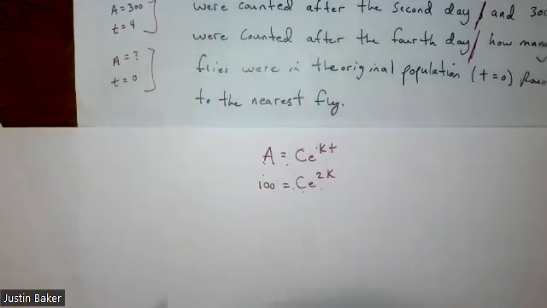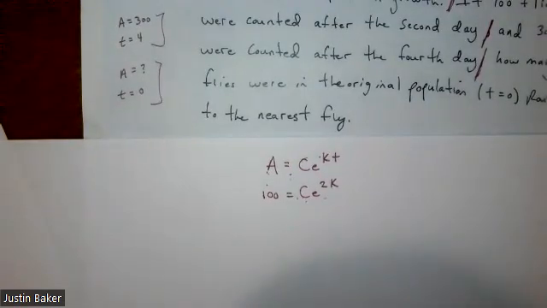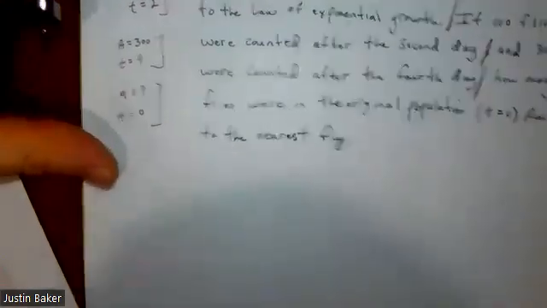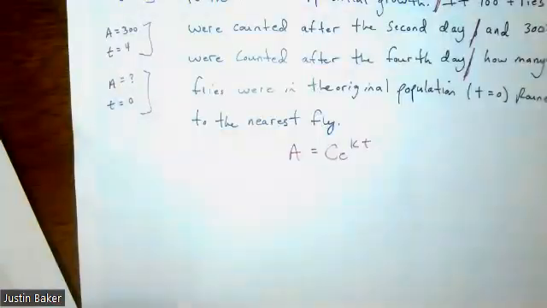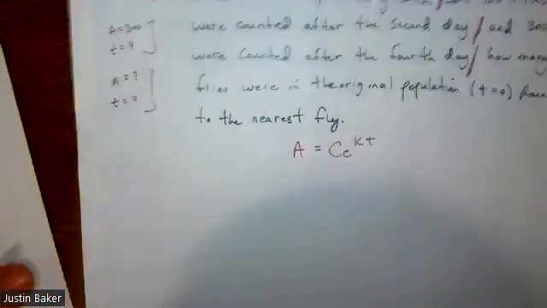Does that make sense that this is different now when you don't have t equals 0 given to you? So we need to get creative here and come up with a different way. It's still going to be A is equal to C e to the kt. That's not going to change. Any ideas?